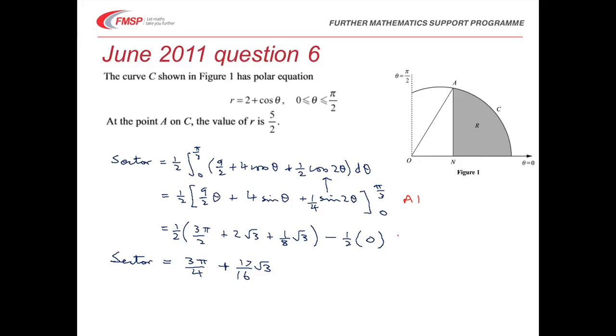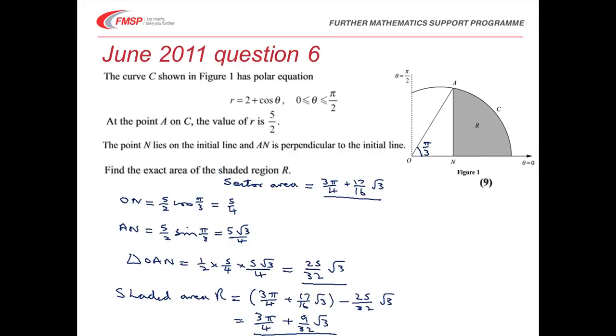A method mark for putting both limits in. There's also a method mark for finding the lengths of the sides of the triangle. An accuracy mark for the area of the triangle, and then a method mark for realising the shaded area is the sector, take away the triangle, and finally an accuracy mark for the exact answer. Notice the answer is exact, so the answer needs to involve pi and root 3, not a decimal.